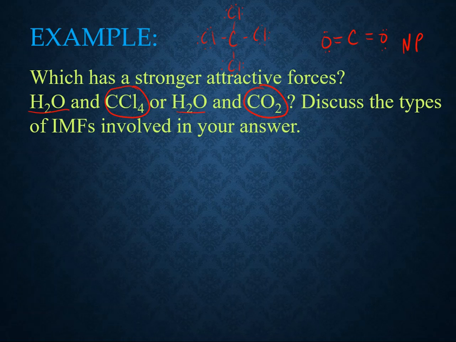If they're both nonpolar, the size and shape, exactly right. One's tetrahedral, one's linear, but let's look at the size too. Chlorine has 17 electrons per chlorine atom. The carbon only has 6. Oxygen has 8.